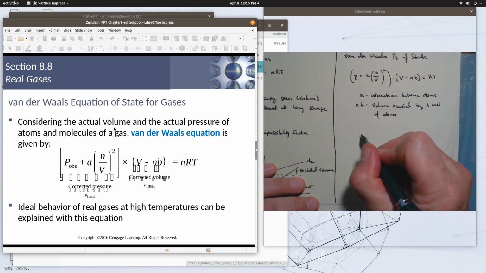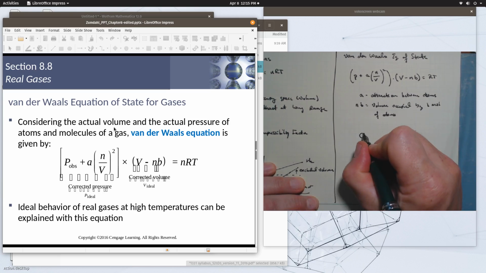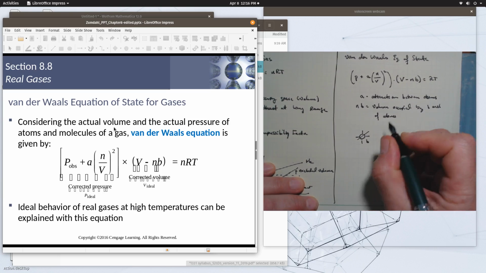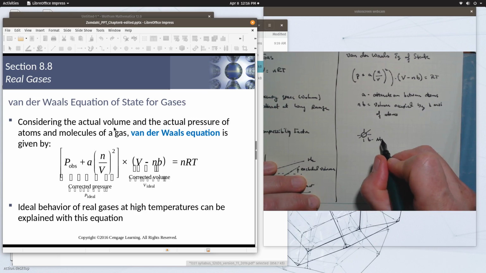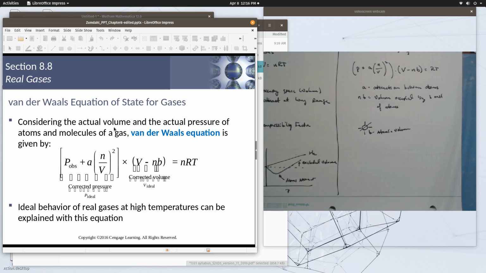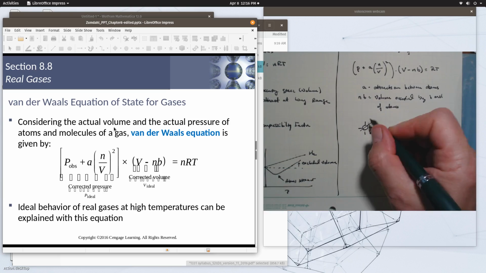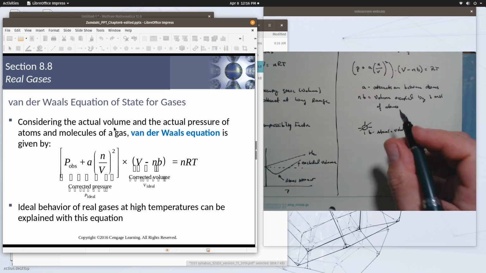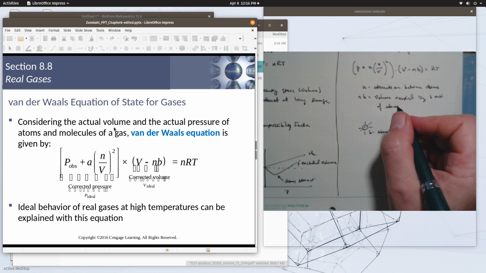Here's an atom; what is this little volume? B is the atomic volume. It's how much volume one atom actually occupies, or one molecule occupies.